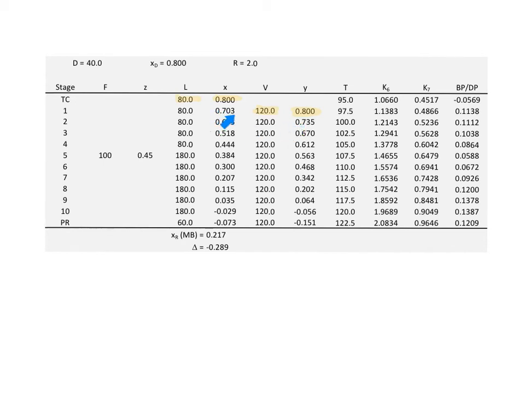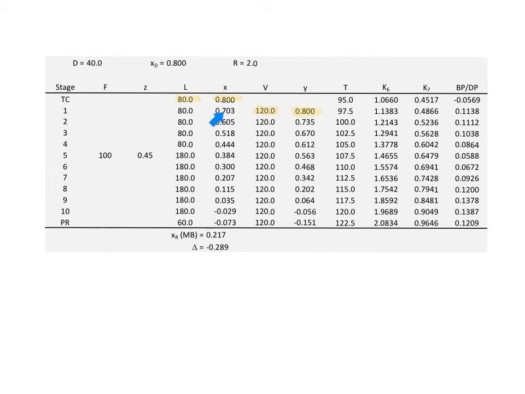So the liquid leaving tray 1 is in equilibrium with the vapor leaving tray 1, which means that it's calculated as Y divided by K, because Y equals Kx, so X equals Y over K. Now that's only true after this dew point criteria has been satisfied based on this Y value and the temperature.